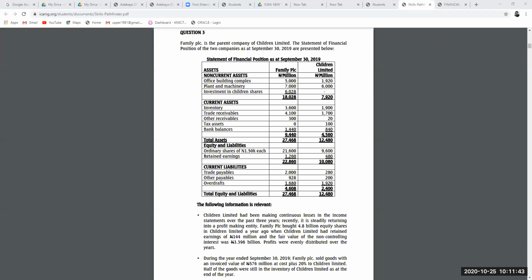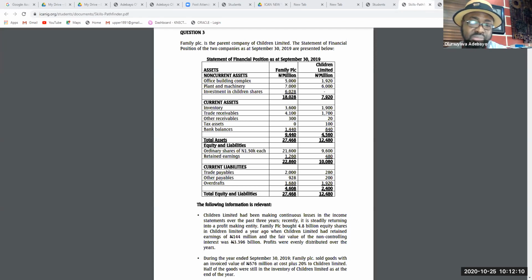Okay, today, as we agreed yesterday, we are going to be looking at group adjustments. We are going to explain what leads to group adjustments. We are going to identify transactions that could give rise to group adjustments.